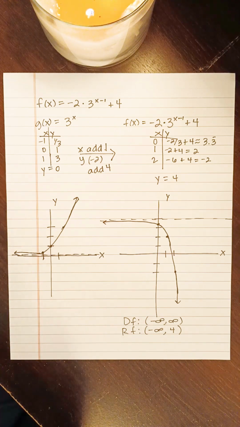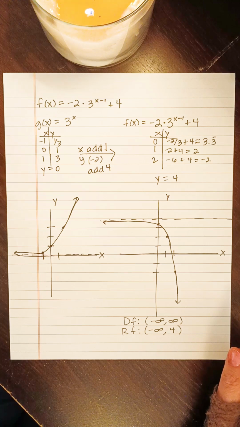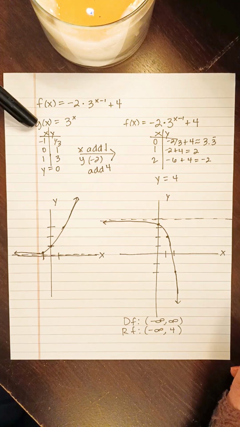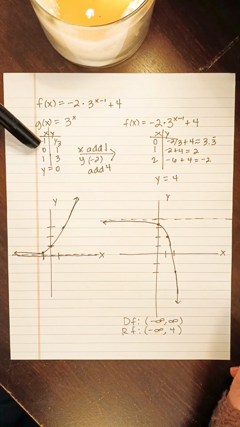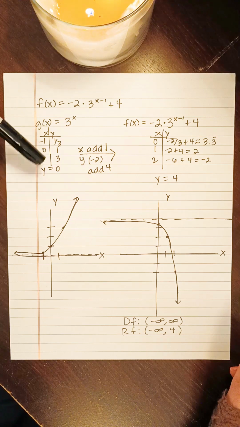So again, to summarize really quickly, the first step when graphing a function using transformations is to identify the starting function. Step 2, some key points. I just choose negative 1, 0, and 1 because those are small, easy numbers to evaluate the function at.